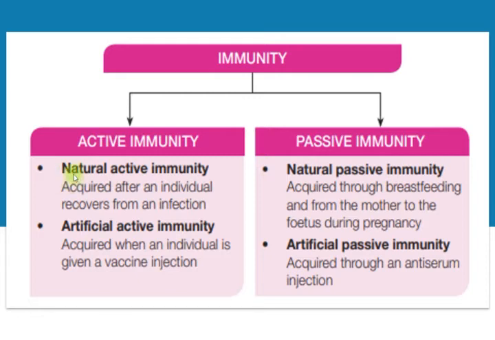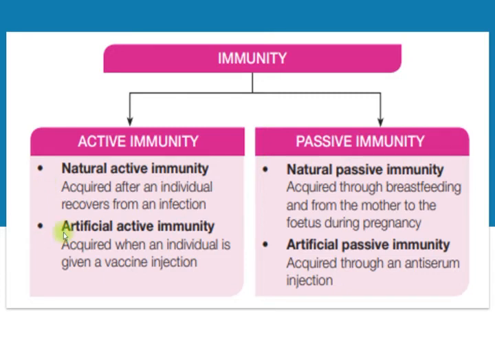Natural active immunity is acquired after an individual recovers from an infection. Our body will produce antibodies after the infection, so our body becomes immune.